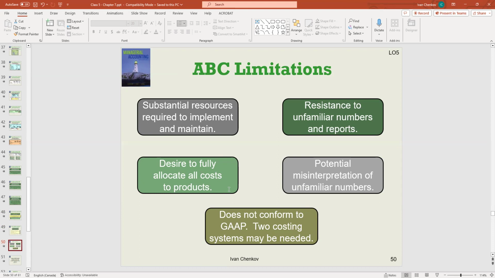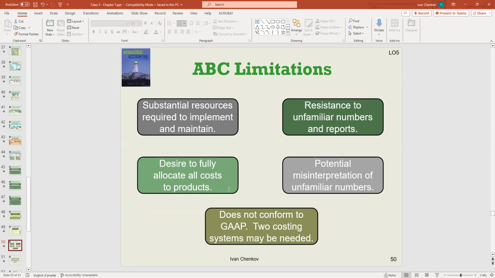Because one thing is to implement something, completely different is to maintain it. So in order to maintain it, you have to have a full desire to fully allocate all the cost to the product. And you have to constantly improve the system, constantly finding the loopholes in the system and keep making it better, keep it better, keep it better.